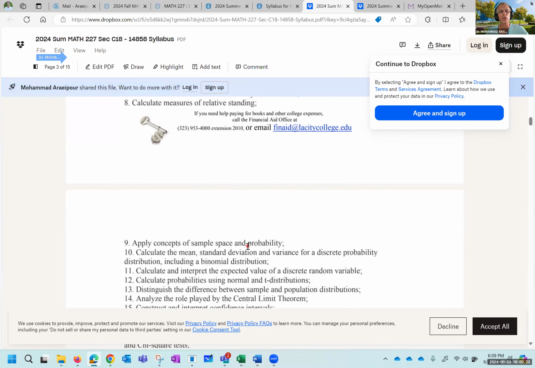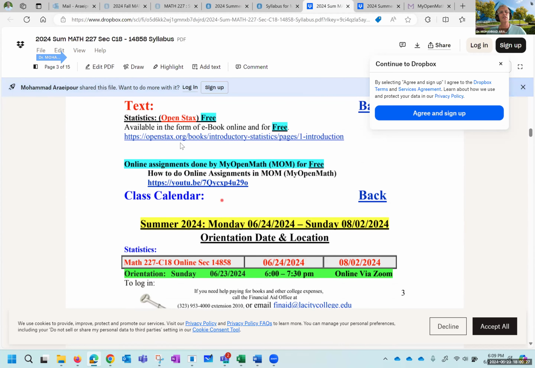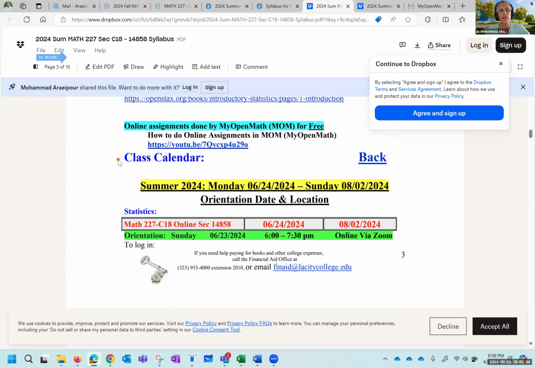Objectives with more details. Here's the text, and I'm going to show you again where you can find the text when we go to MOM, My Open Math, the digital platform. You can click on the link here, or when you're in MOM, I'll show you there. It's, I think, a tad easier.